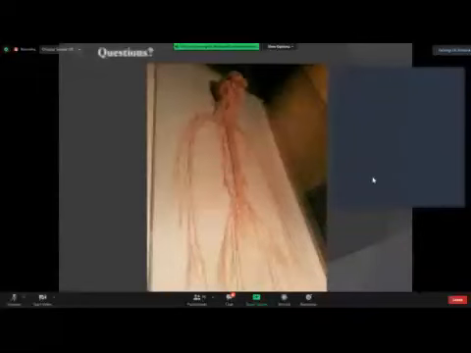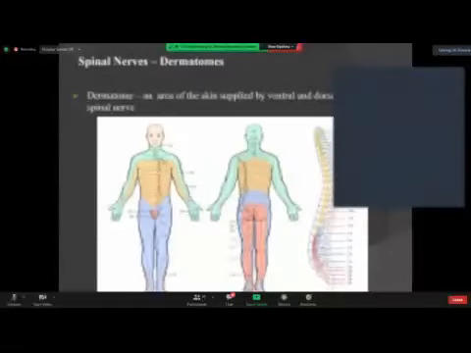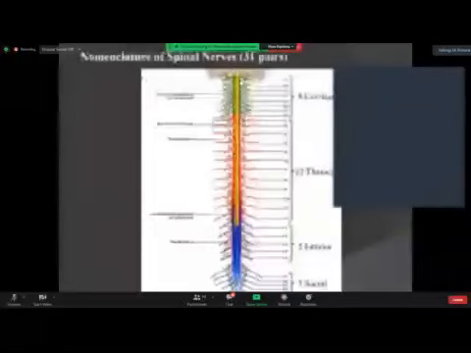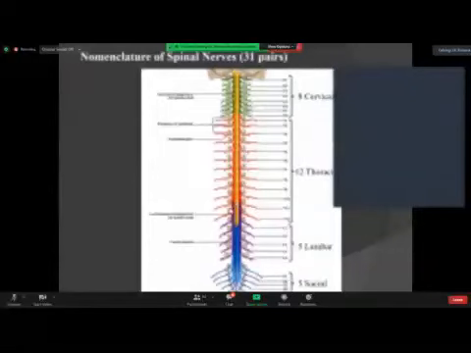Now, if I was to take you back over here, for example, you see that we can move our neck freely. Same thing goes for our lumbar region, which is below our rib cage and above the pelvis. In the lumbar region is where we can move or twist our body.